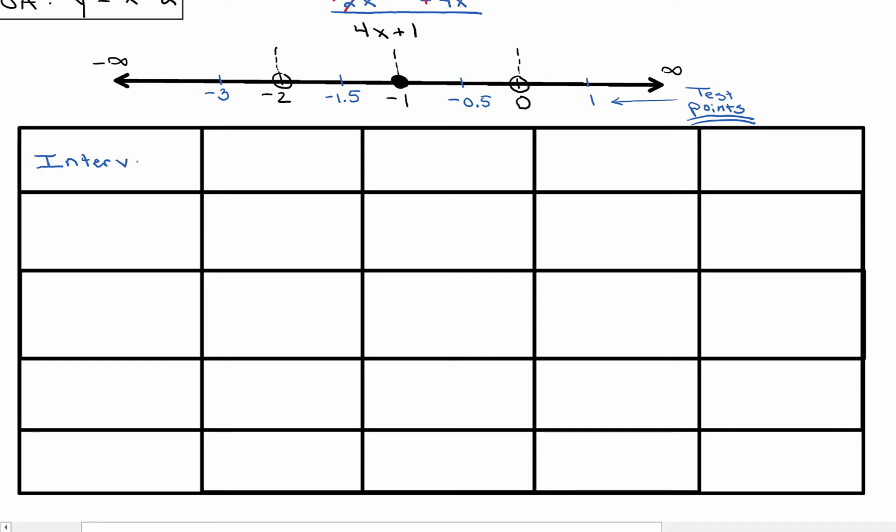So this first row here is going to represent the intervals that I created here. There's one interval, the open interval from -∞ to -2. And then my next interval is going to be from -2 to -1.